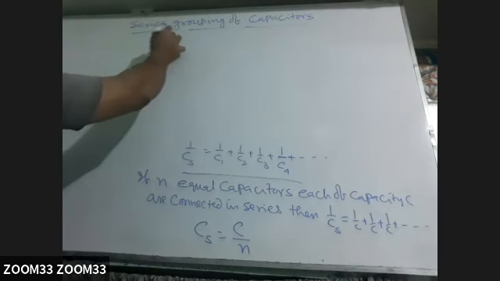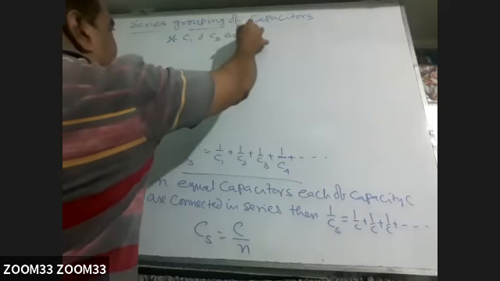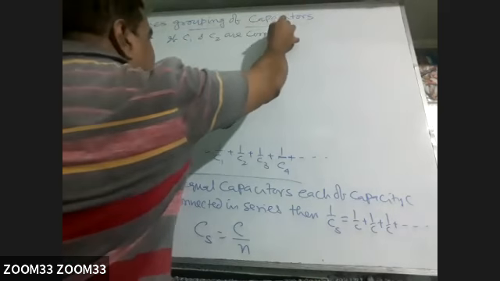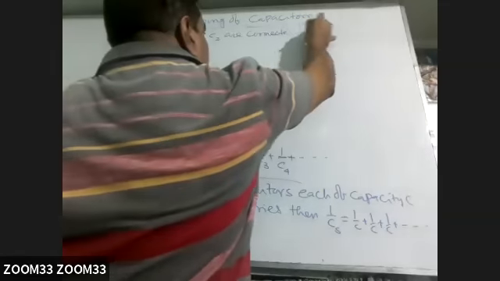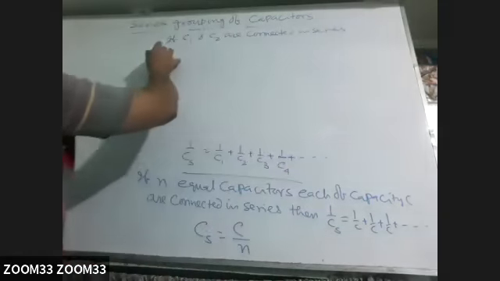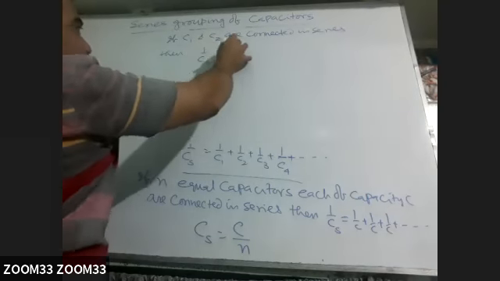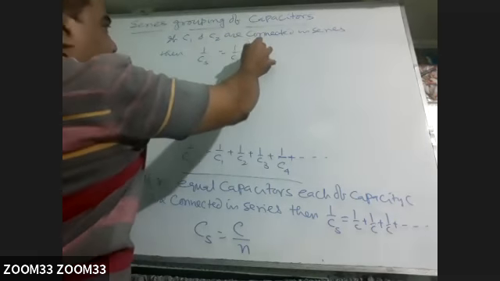Now series equivalent of 2 capacitors. If C1 and C2 are connected in series, then 1 by CS will become 1 by C1 plus 1 by C2. So for C1, C2 we will take LCM.